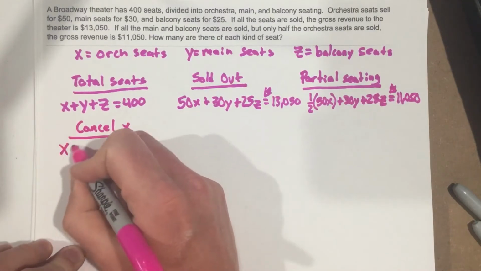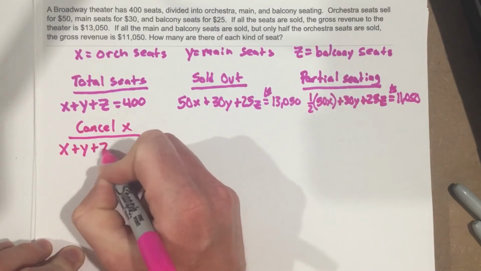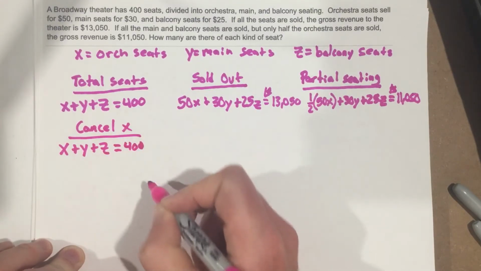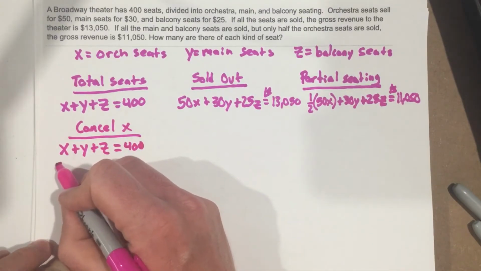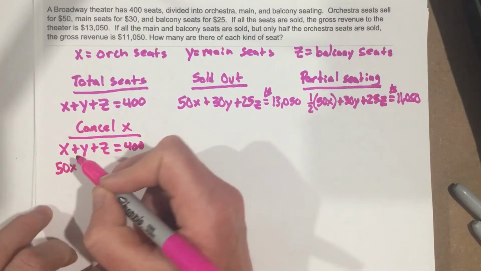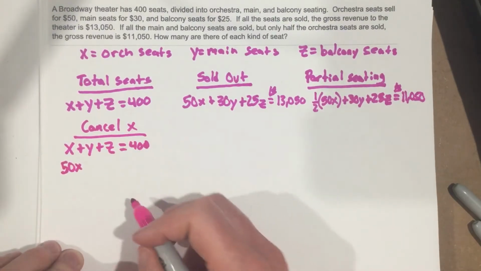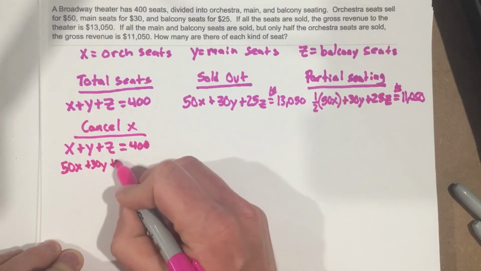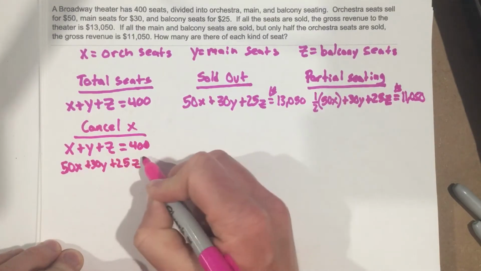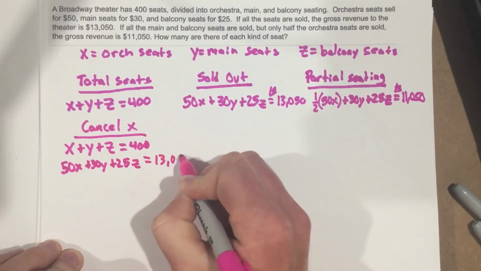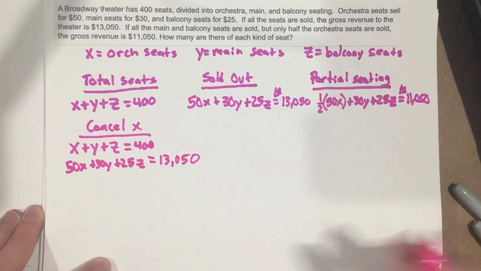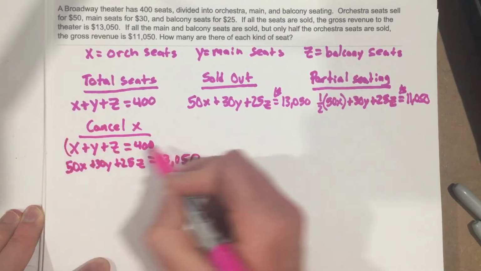So we take X plus Y plus Z equals 400, and we combine that with 50X plus 30Y plus 25Z equals 13,050. We're going to cancel the X by multiplying the top by negative 50.